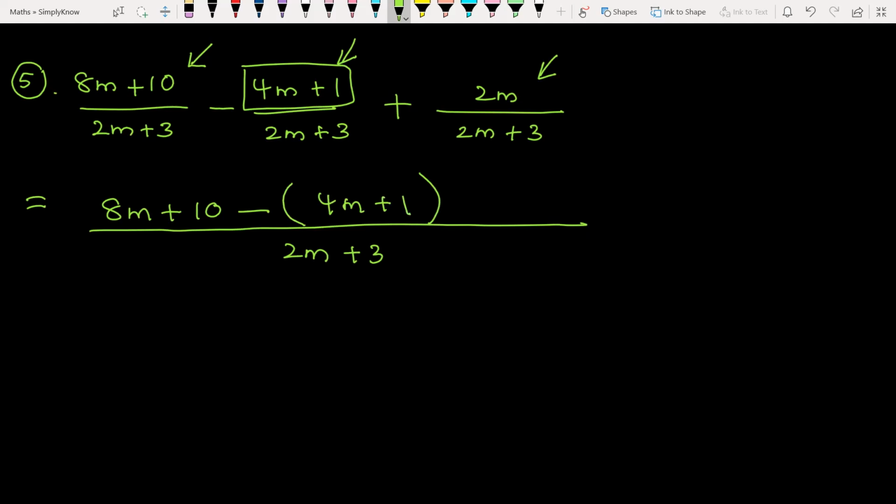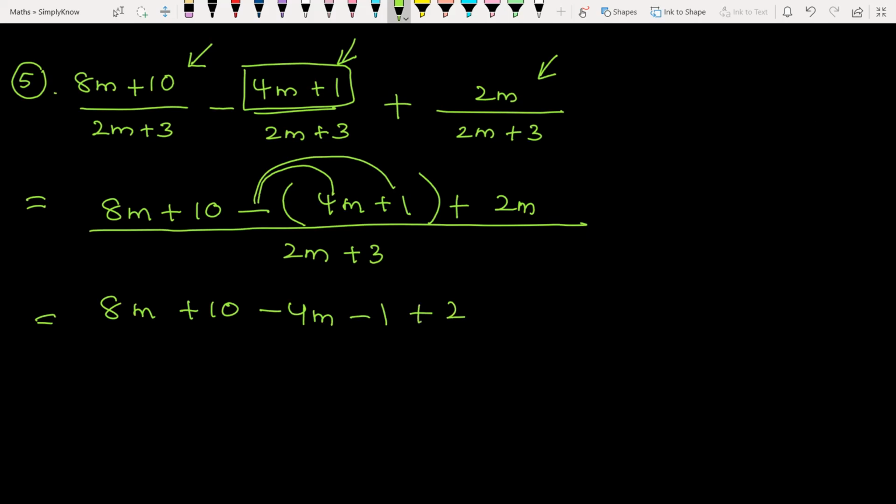Then for this, I need to add 2m. Now let's remove the brackets. 8m plus 10. When we remove the brackets, minus times 4m is minus 4m. Then minus times plus 1 is minus 1. And we have plus 2m. Our denominator is 2m plus 3.